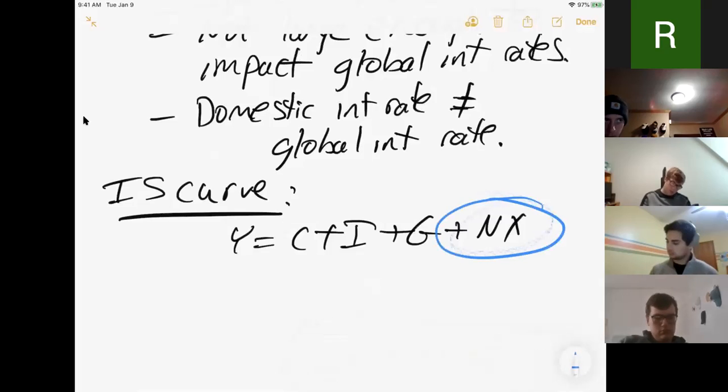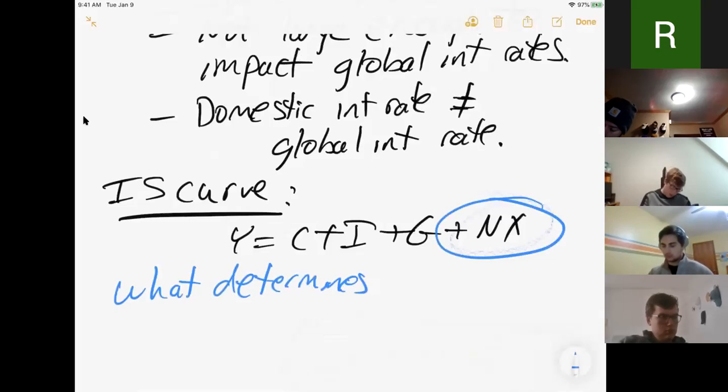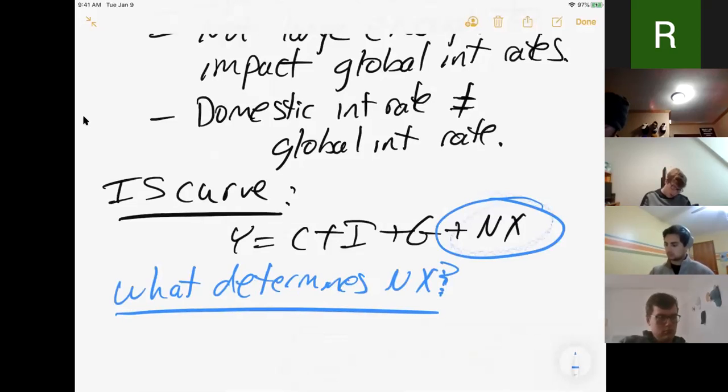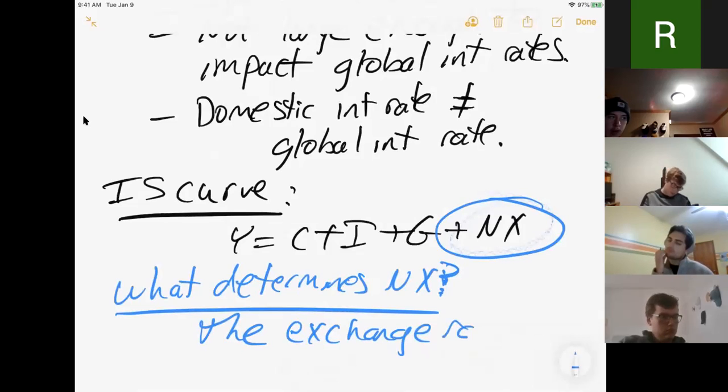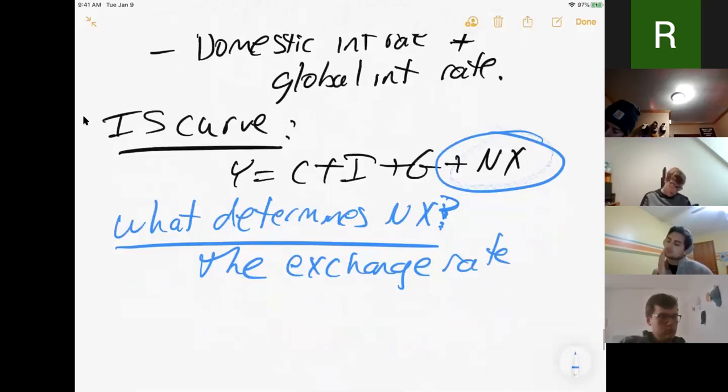This net export part, because that's the global part. What determines net exports? The exchange rate.